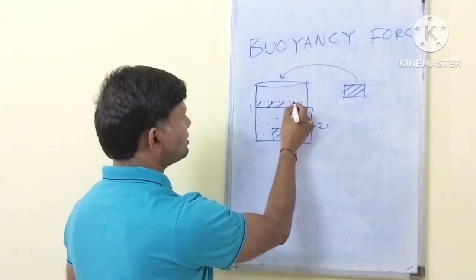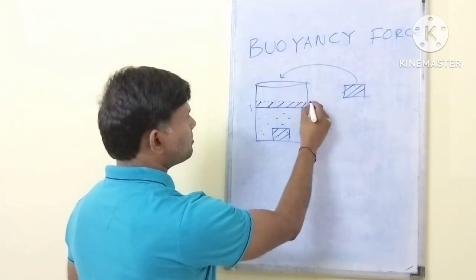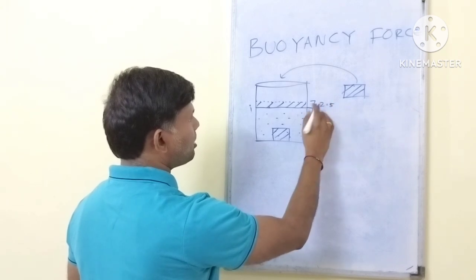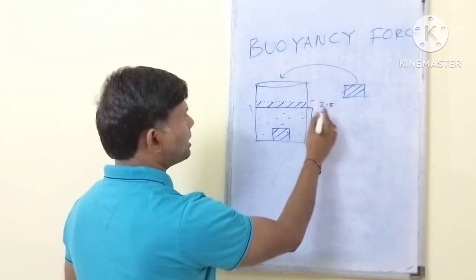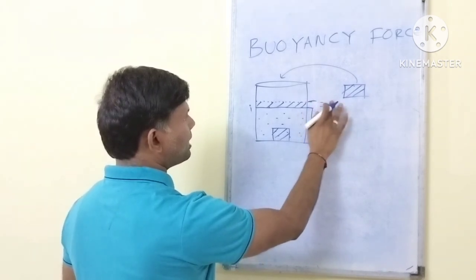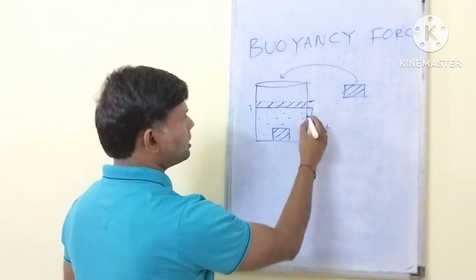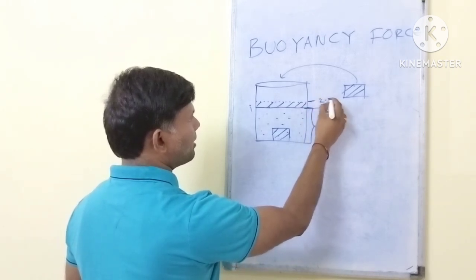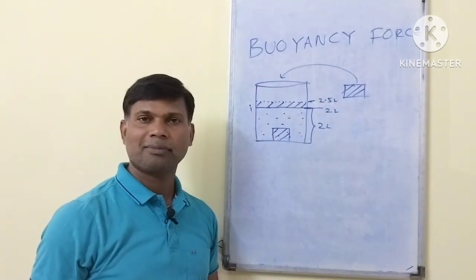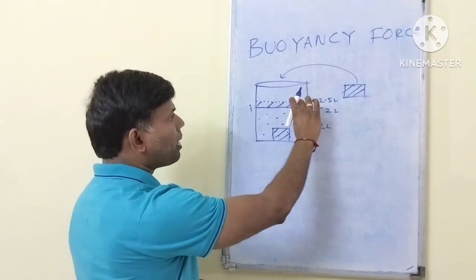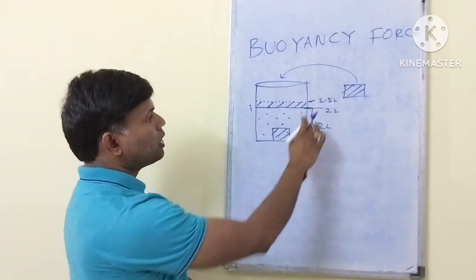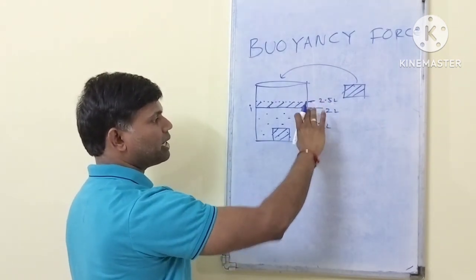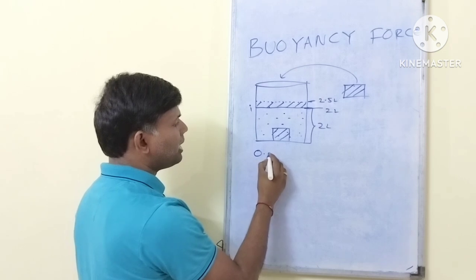Suppose this marking is 2.5 liters, and this is 2 liters. So how much is the level difference? 2.5 liters minus 2 liters, so 0.5 liter.